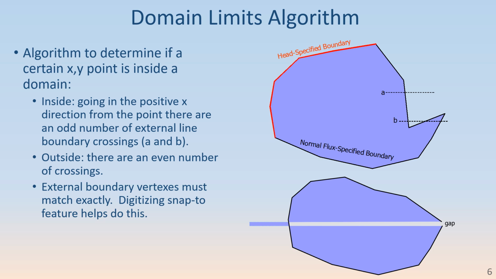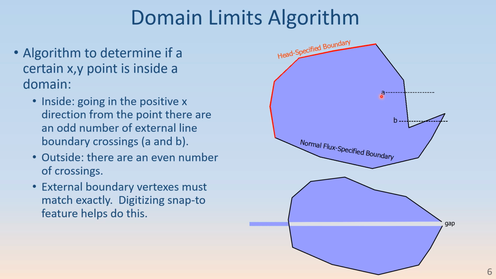This explains the algorithm used to define the extent of domains in Anaqsim. And it's something that is essential to know whether a certain XY location is inside one domain or another. So the algorithm goes like this.